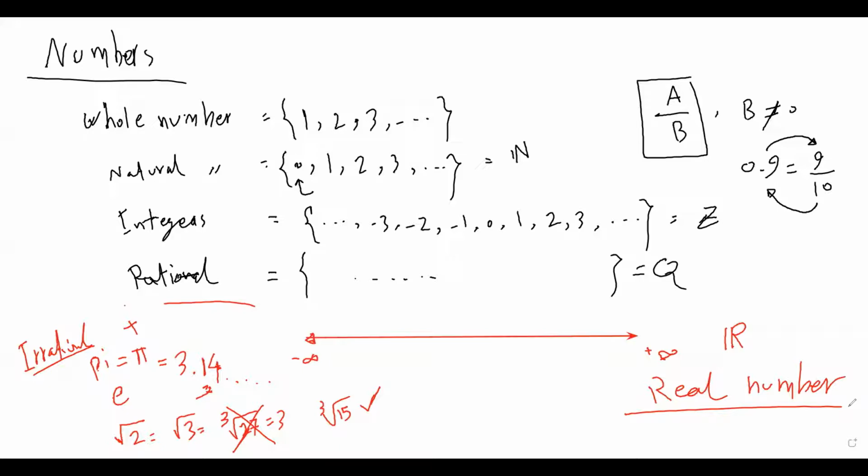The next thing I want to talk about is prime numbers. So this is something that you might have learned in lower secondary, but it is worth mentioning here as well. So prime numbers are those numbers that are only divisible by themselves and 1.